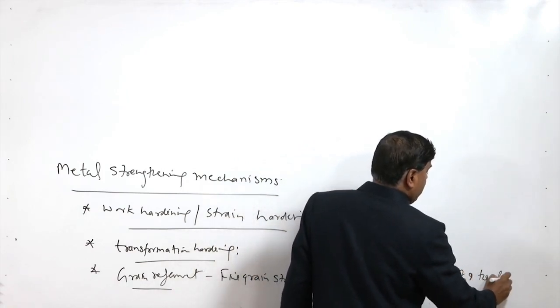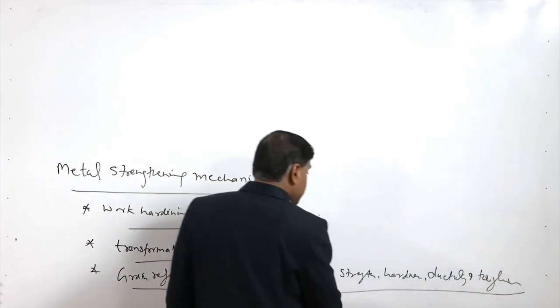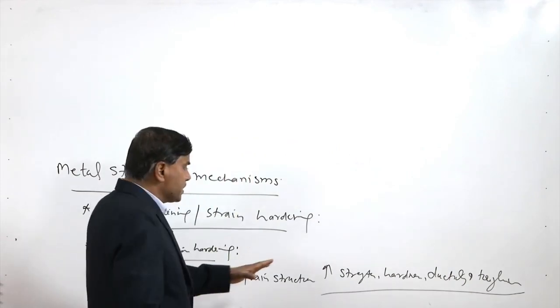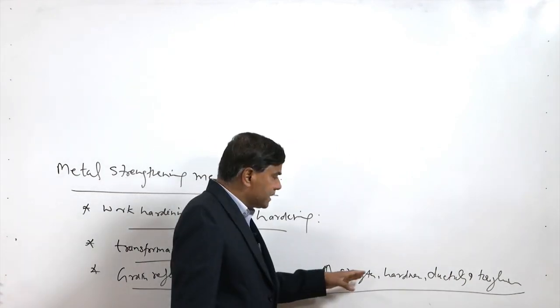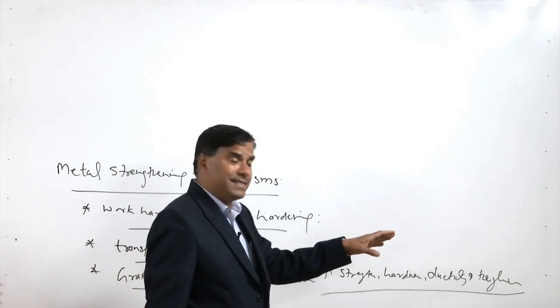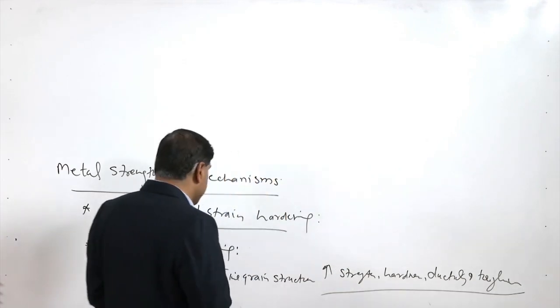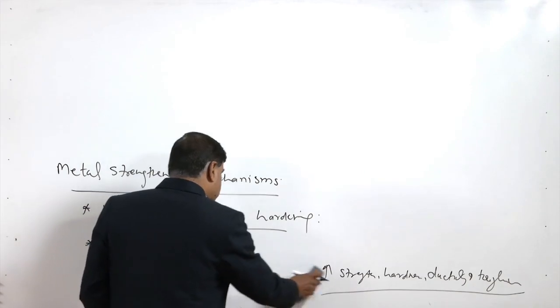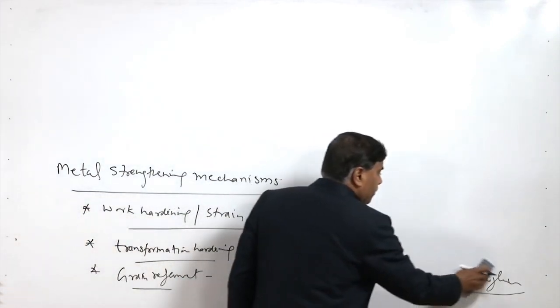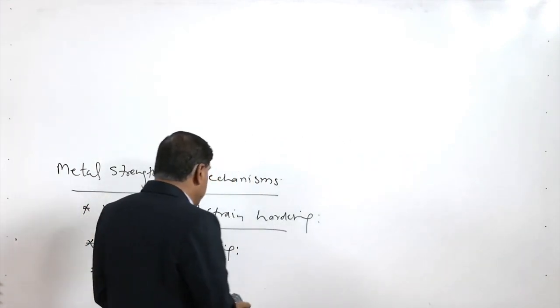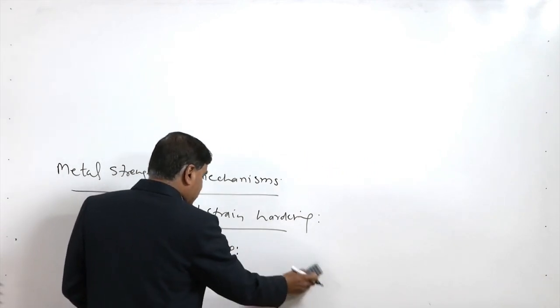So, all these are favorable. So, toughness, strength, ductility, everything is improved. This is the only method which increases the strength and hardness without compromising the toughness and ductility. So, this is a very good method in that way, and depending upon the cooling conditions during the welding and casting.